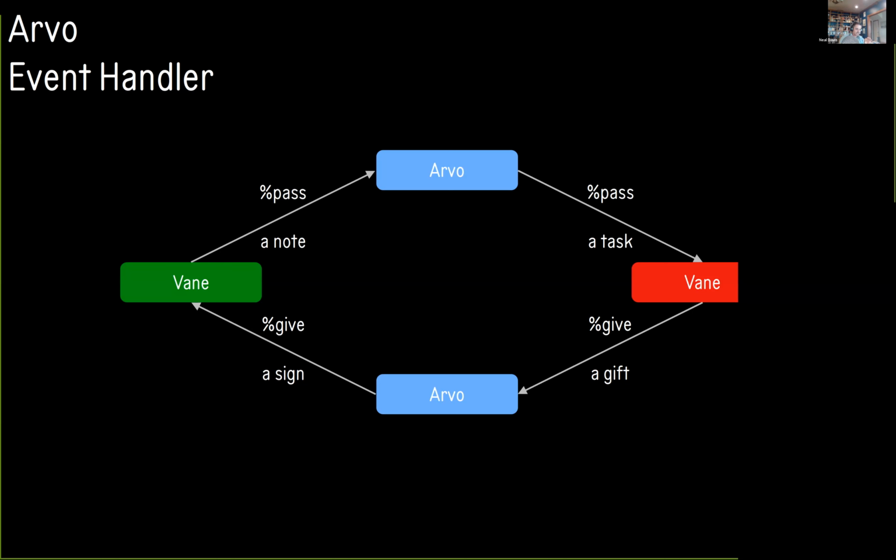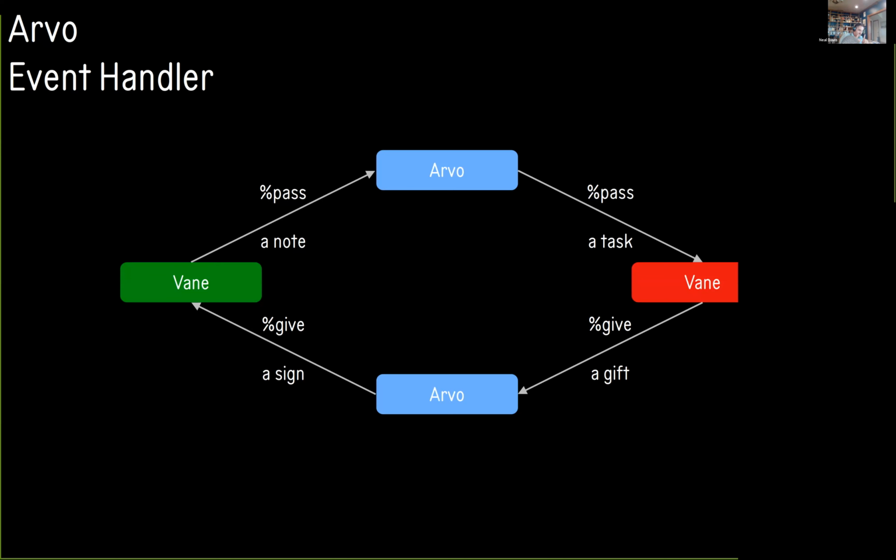So for instance, when I run a command at my dojo, I'll type in an expression and press enter, and then that expression as text is inside of Dojo, which is a userspace agent, so it's running inside of Gall.